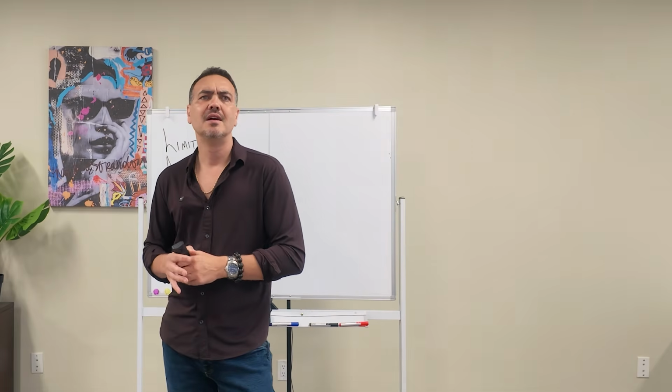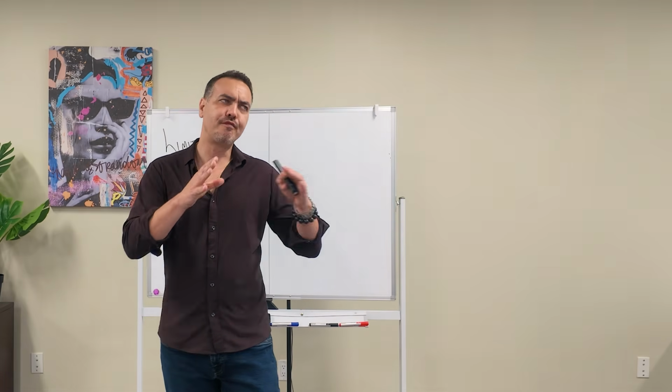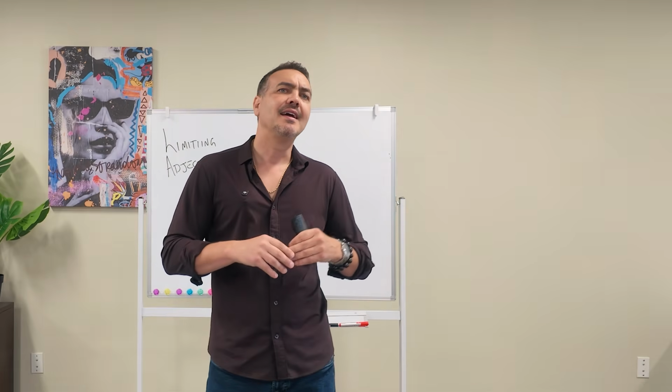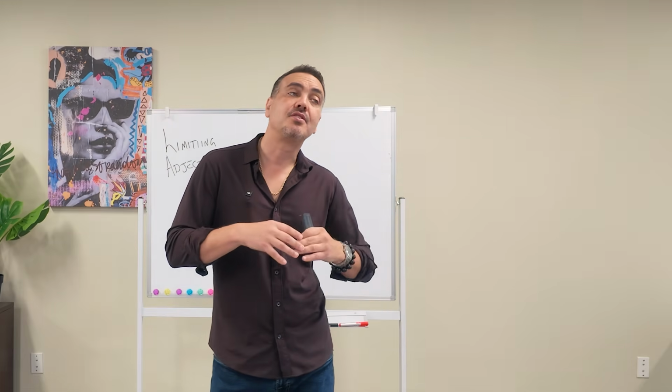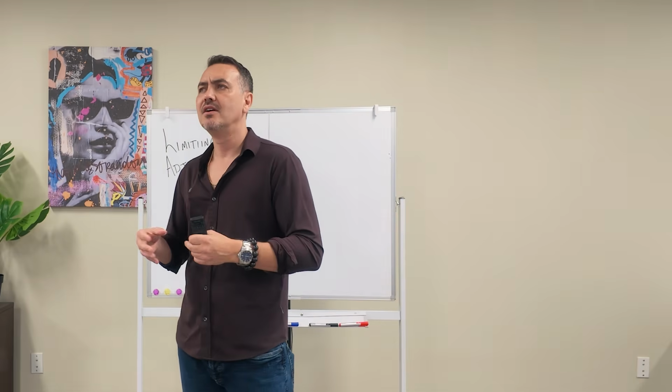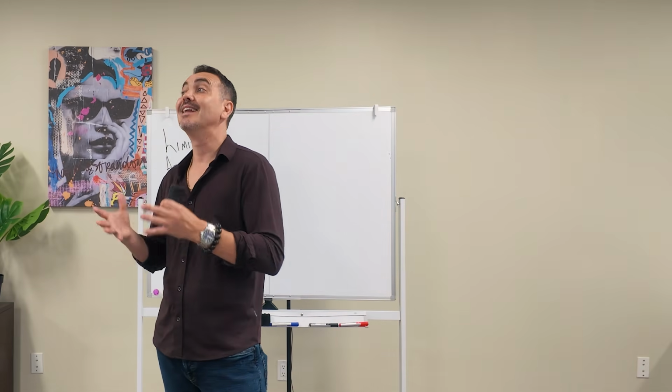Limiting adjectives come before descriptive adjectives in a sentence. And limiting adjectives answer which, or whose, or how many, not what is it like.